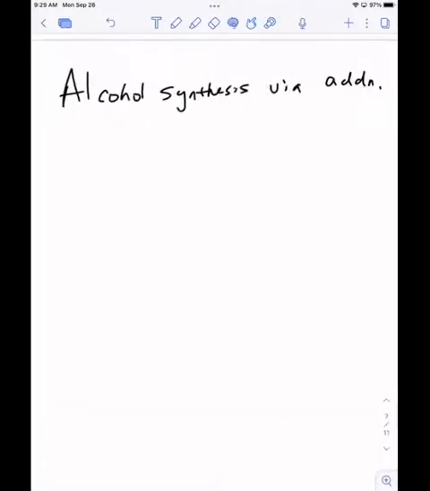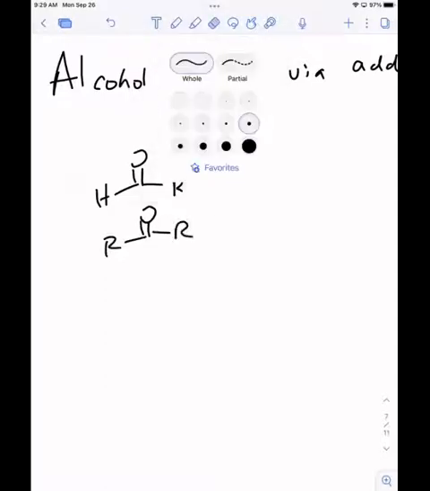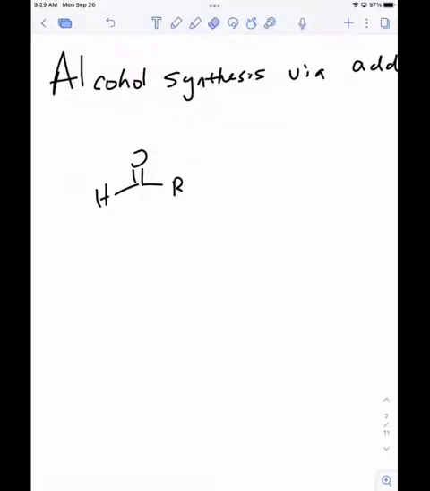All right, so when we have a carbonyl, let me jog your memory. All right, so from part one, we talked about functional groups. You can have an aldehyde, ketone, or an ester.